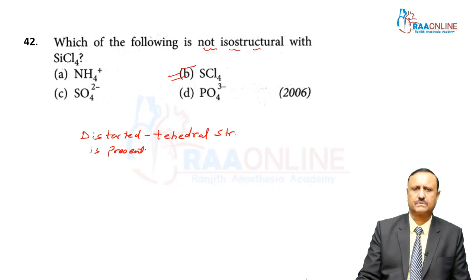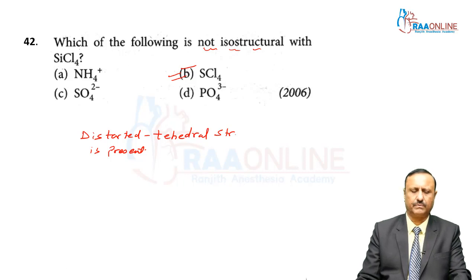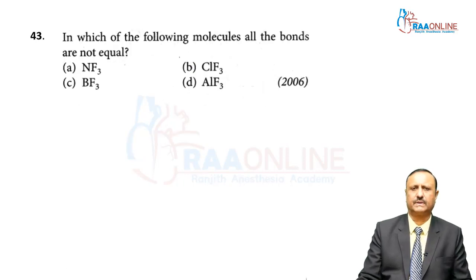So my dear students, not isostructural with SiCl4, that is SCl4. Question number 42 done.